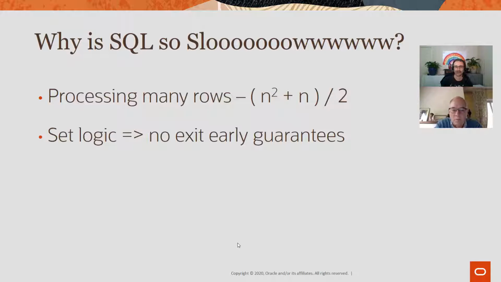And as Stu's been saying, with SQL, the database uses set logic. There are things you can do like fetch first or rownum equals 1 to try and stop processing early, but in the general case, there is no guarantee that the database will do that. Quite often you'll find it will generate the entire possible data set and then start shrinking it down. Whereas, as Stu was showing, as he was looping through the pure PL/SQL solution, as soon as he found a common substring, you can just stop at that point, right?